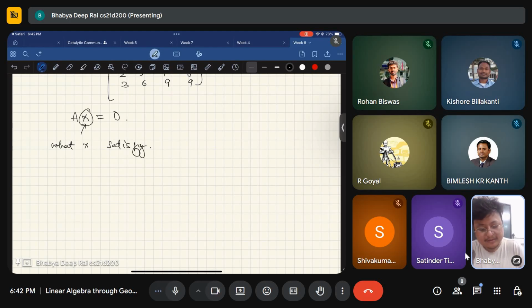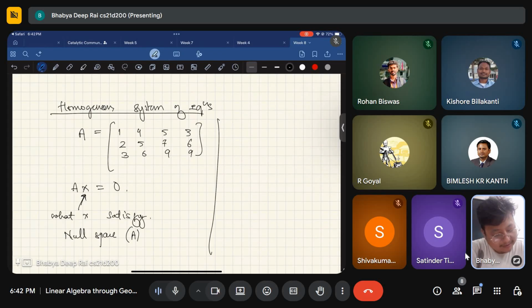Now, interestingly, these are of course vectors, but they also form a vector space. The proof I'll leave it to you. But these vectors form a vector space, and this is exactly what is called the null space of A. And similarly, you can ask the same question for A transpose.